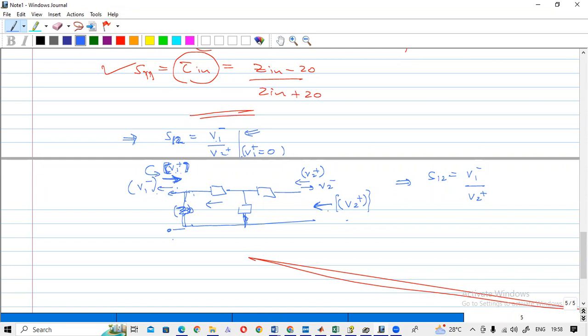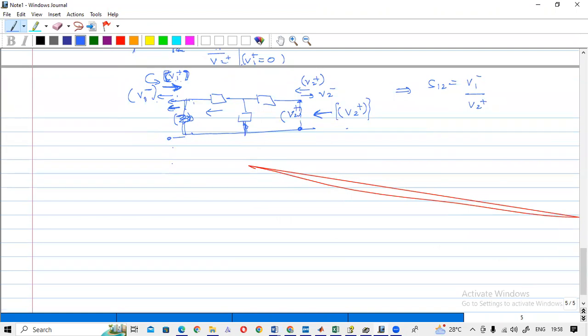This is V2. So you are applying V2 here, V2 plus actually. Now you have to calculate this voltage, that is V1 minus, the voltage going through this. How to calculate it?